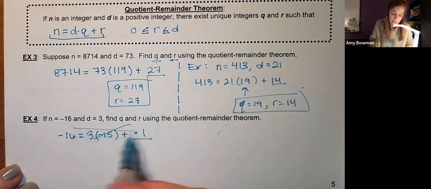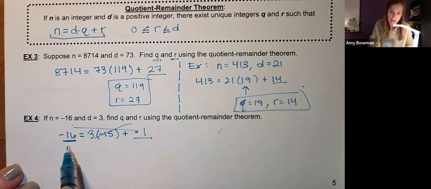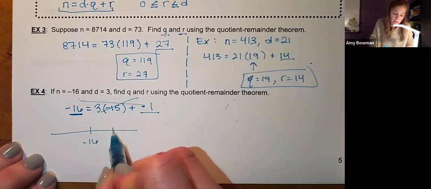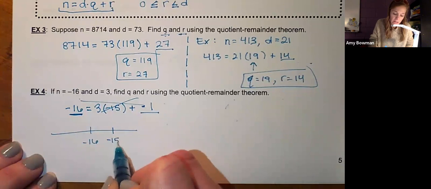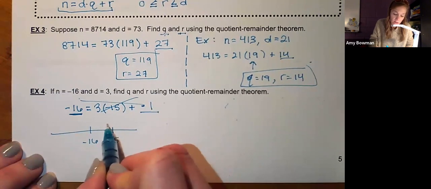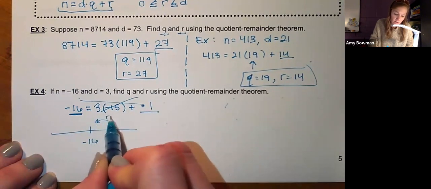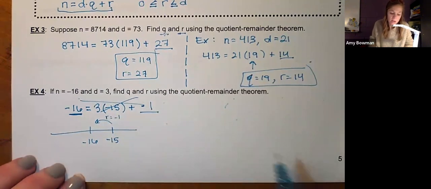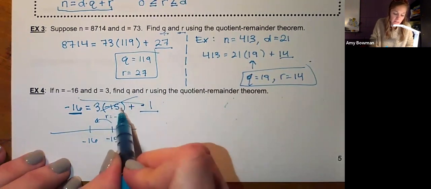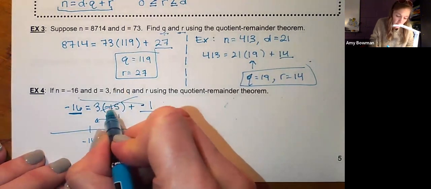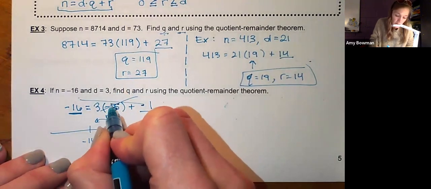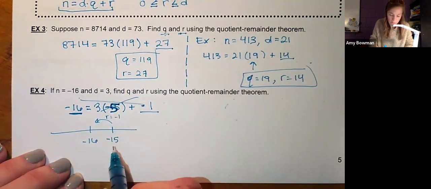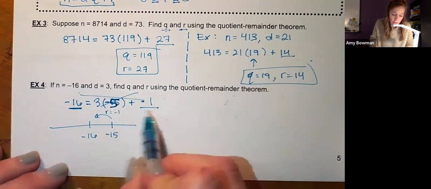So what that means is anytime you have a negative n value, think about it on a number line. We got to negative 15 here, and then we had to subtract 1, r equals negative 1, but that's not okay. We can't have a negative remainder. So basically what you have to do instead, whoa, I wrote negative 15 there. Sorry. That should be negative 5. We know 3 times negative 5 is negative 15, but our remainder has to be positive.